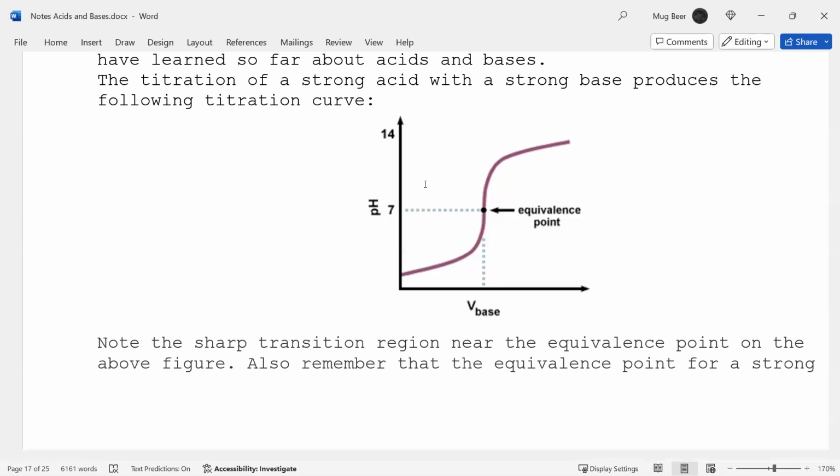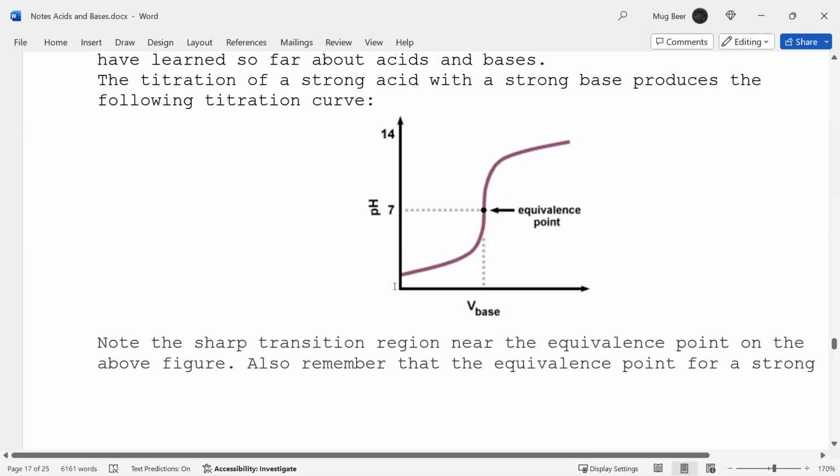That won't affect your final answer, so it won't be a big deal. But the important part is that we go slow, because what's going to happen here is you could add several milliliters and really not get much of a change. But once you get right here, adding half a milliliter is going to take you from like pH 4 to pH 12. So we want to be careful when we get near the equivalence point.